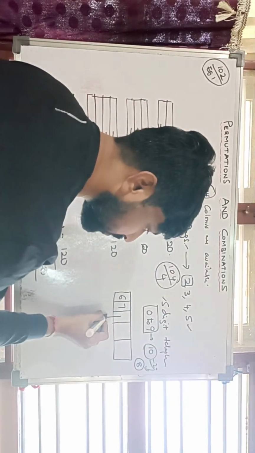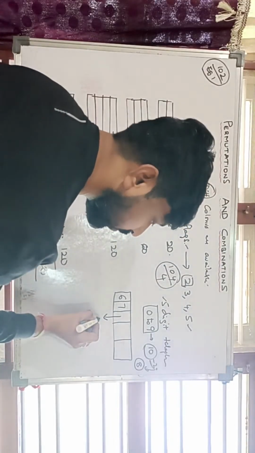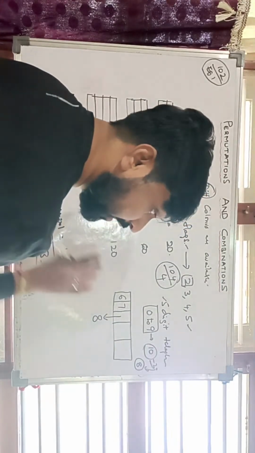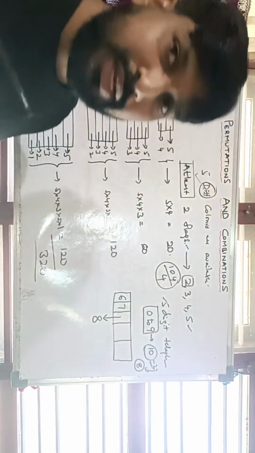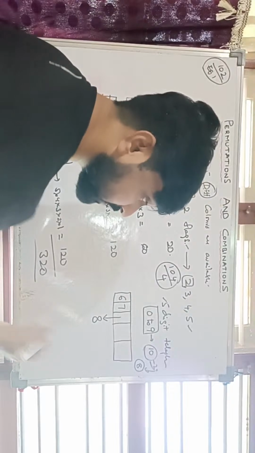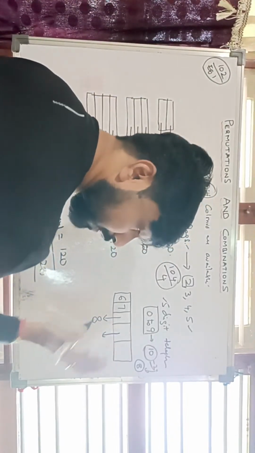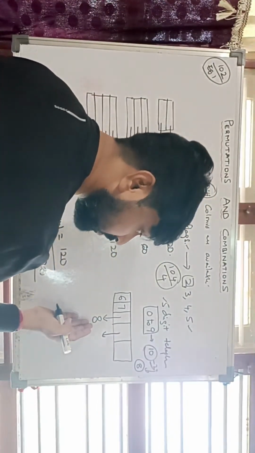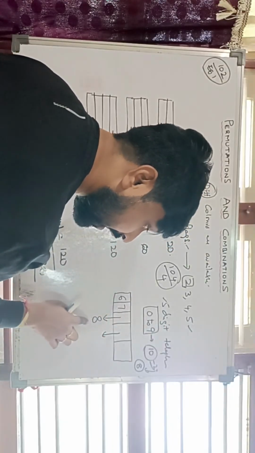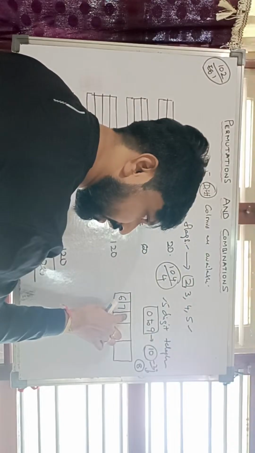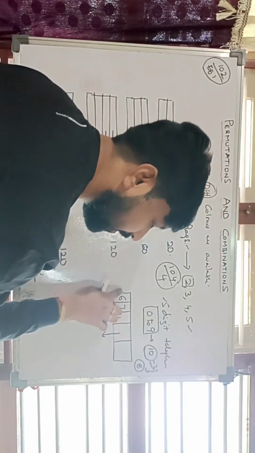So this box can be filled in 8 different ways, other than 6 and 7. And coming to the next box, without repetition is mandatory. So this box can be filled except 6, 7, and whatever digit you fixed here, that one also is excluded.